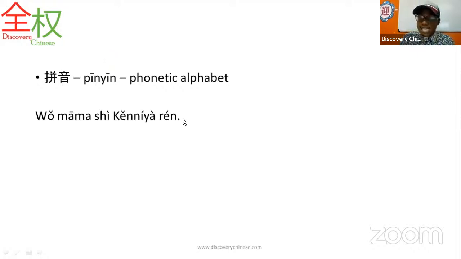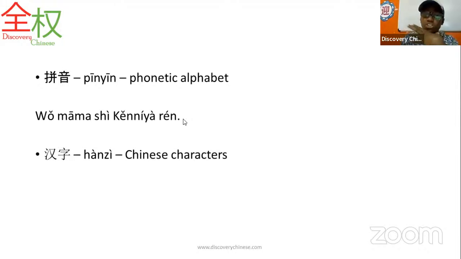But now, as I said, as you go along, we start by introducing something called hanzi. The Chinese characters are called hanzi. So as you go along, we will introduce the Chinese characters slowly by slowly.